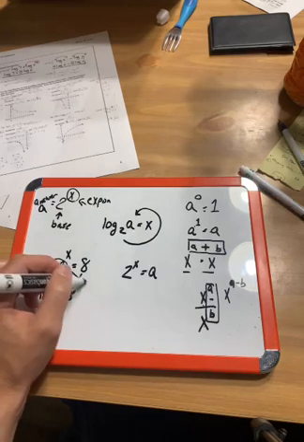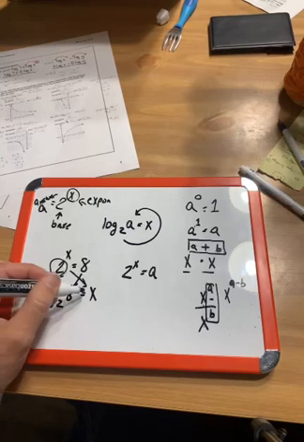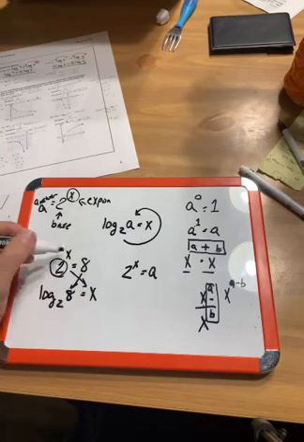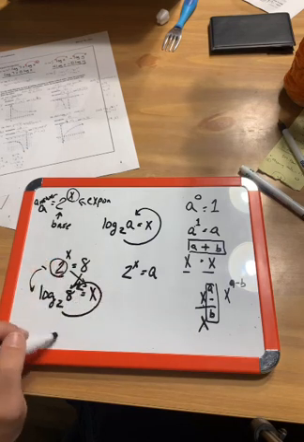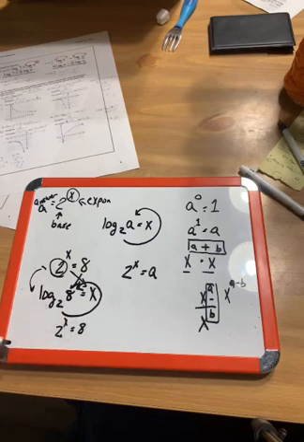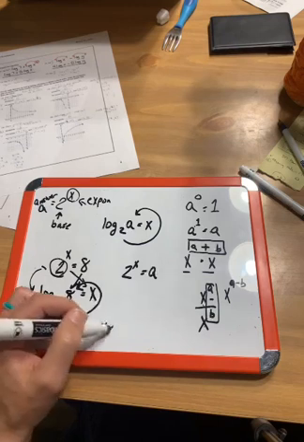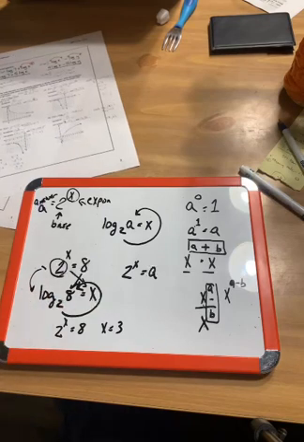And x is my exponent. So log base 2 of 8 equals x. This is the way we've gone back and forth. So if I were to rewrite this, I would do my circle around. So 2 to the x equals 8. In this case, we know that x would be equal to 3.